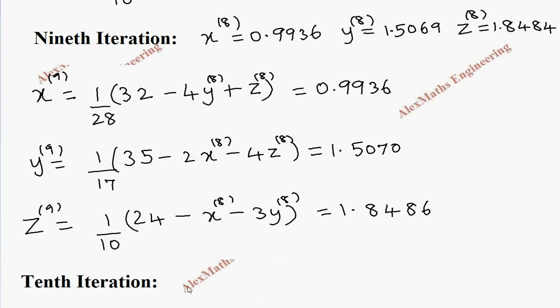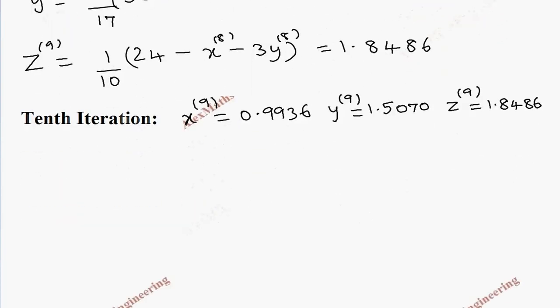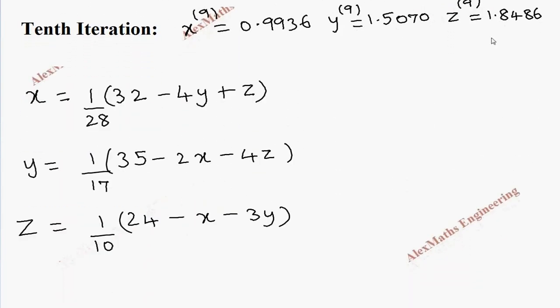Let's copy all the 9th iteration values. Now we shall take the equations, and since it is the 10th iteration, we have to write x of 10, y of 10, z of 10. We are going to use the 9th iteration values. So wherever x, y, z is there, we have to write x of 9, y of 9, z of 9.